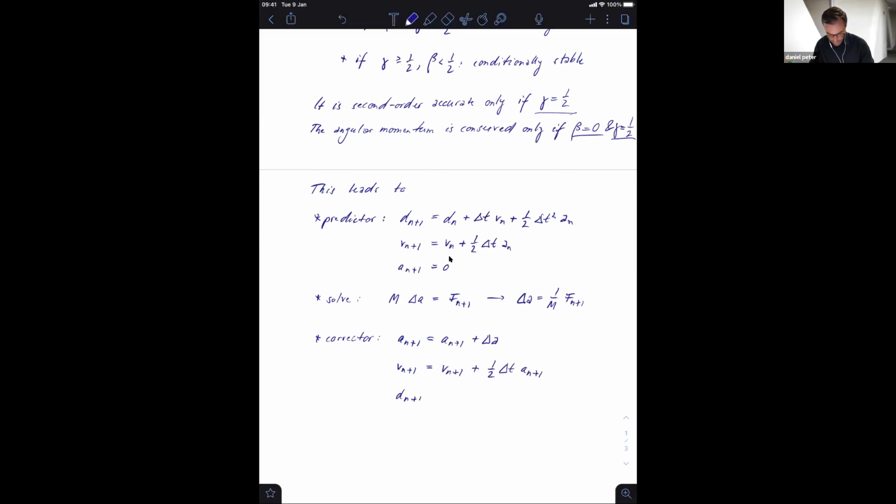And then the displacement, well, that's already the same like the prediction step.